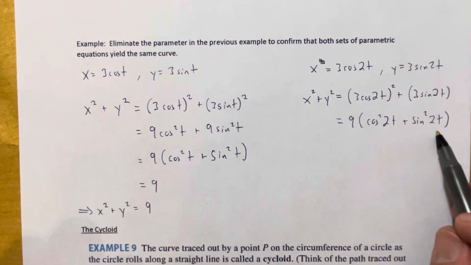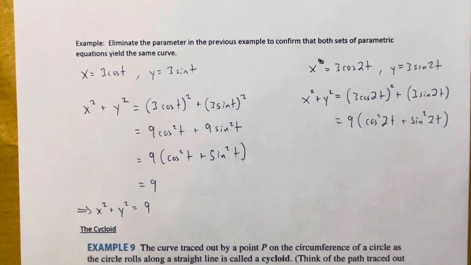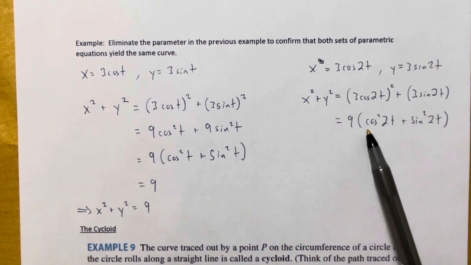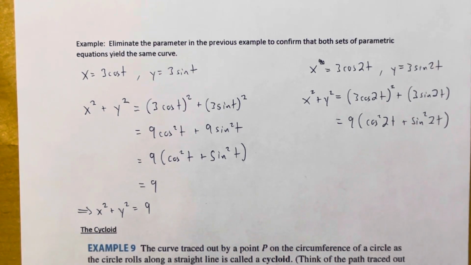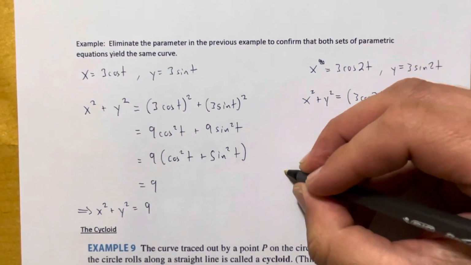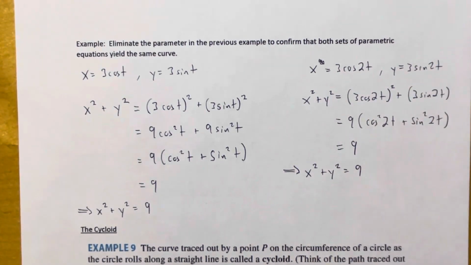Now the fact that these are both 2t's here doesn't change the fact that we can use the Pythagorean identity. All that matters is that both of these arguments for this cosine here and this sine here are the same thing, 2t and 2t. This is still equal to 9, and so we still get x squared plus y squared equals 9. Same exact curve, which is what we observed in the previous video, okay?